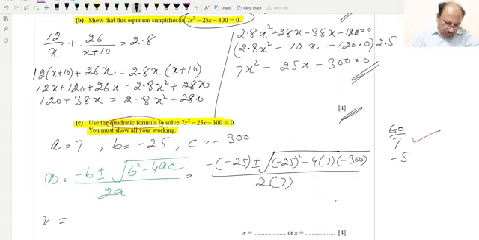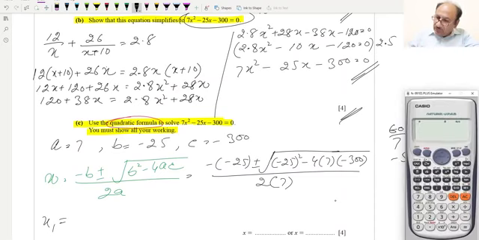Now we can find x1. We'll check the positive value first, and later we'll check the minus value. So minus into minus 25 plus the square root of minus 25 squared minus 4 into 7 into minus 300, also in brackets, divided by 2 into 7 which is 14, and this is equal to 60 over 7.